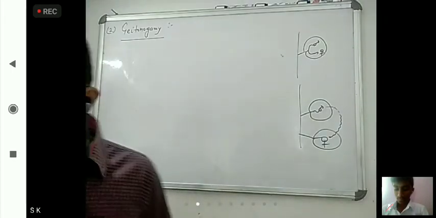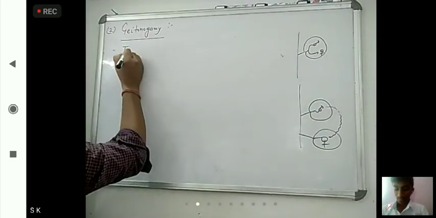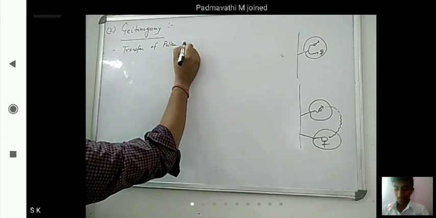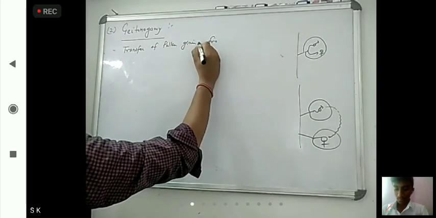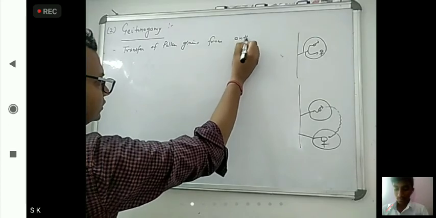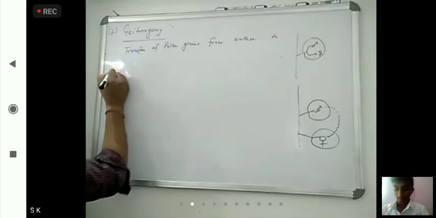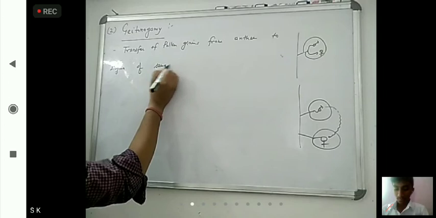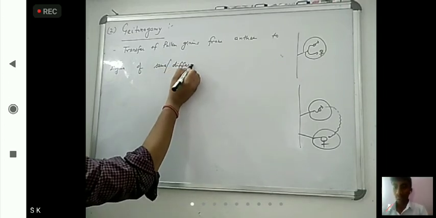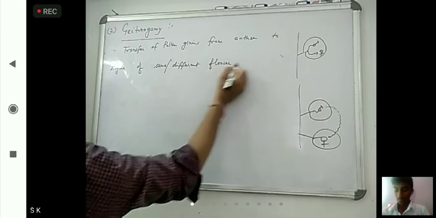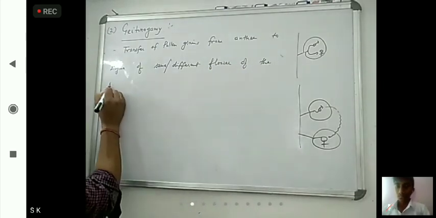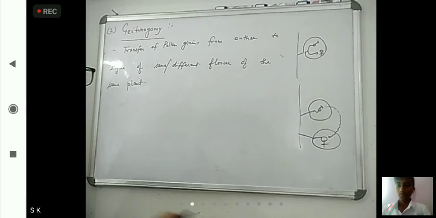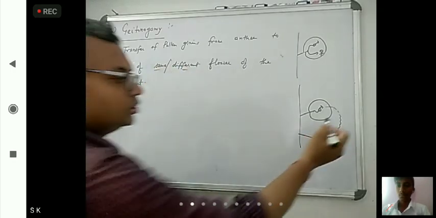So we can say: transfer of pollen grain from anther to stigma of the same or different flower of the same plant. Why did I say same or different?